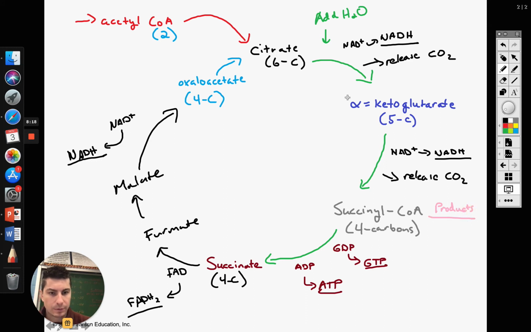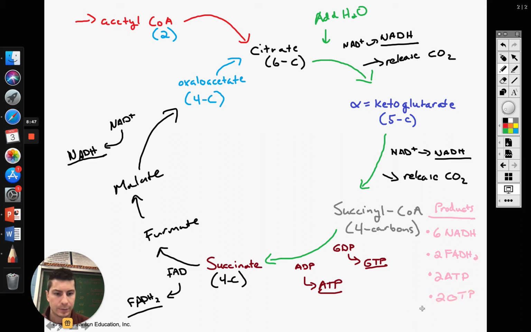For products, don't forget, guys, we have 2 acetyl coenzyme A's. So we have 2 turns of our Krebs cycle. So for products, we are actually going to get 6 NADH, 2 FADH2s, 2 ATPs, 2 GTPs.